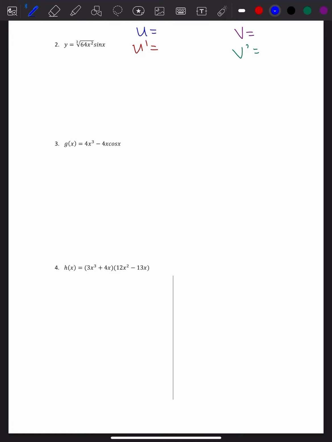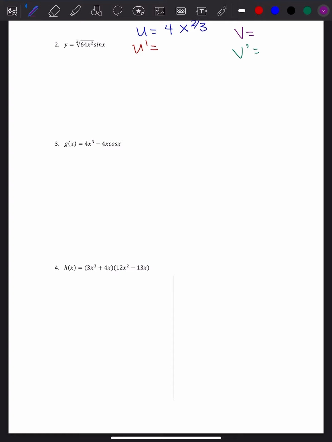If I do the cubed root of x squared, I also need to do the cubed root of 64. The cubed root of 64 is 4, and the cubed root of x squared is x to the 2/3 power.